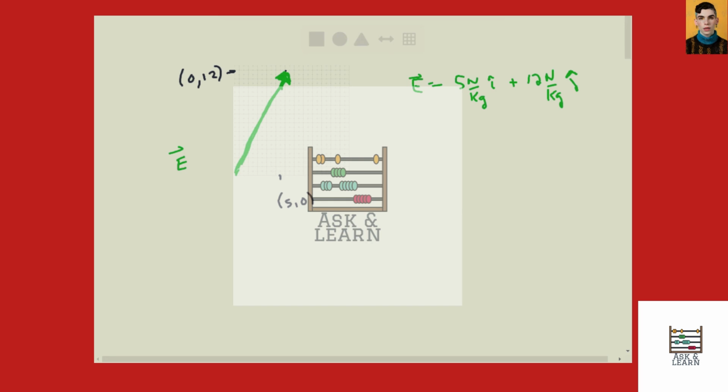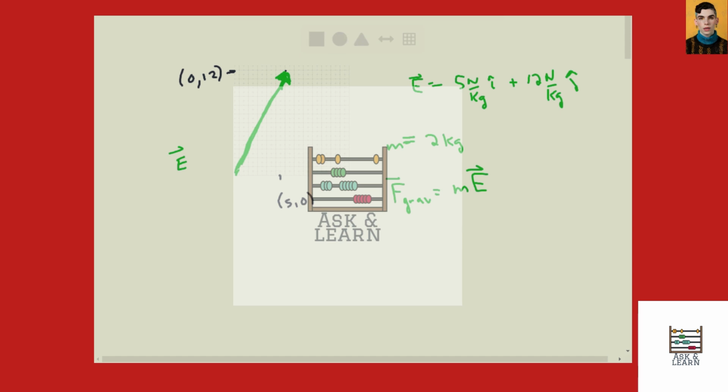So we're going to take a 2 kilogram mass and we're going to ask, what is the gravitational force on it? Now, if this were a charge in an electric field, we would just multiply the electric field by the charge to get the force. So we're going to do a very similar thing. We'll take the mass and we'll multiply it by the gravitational field.